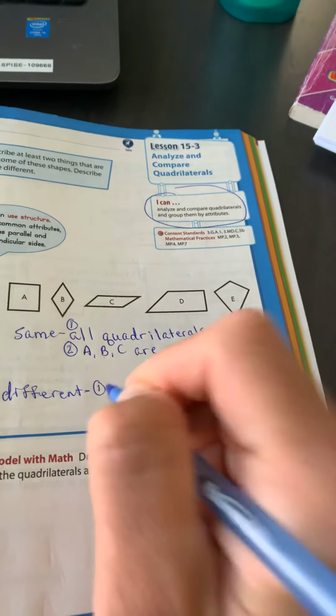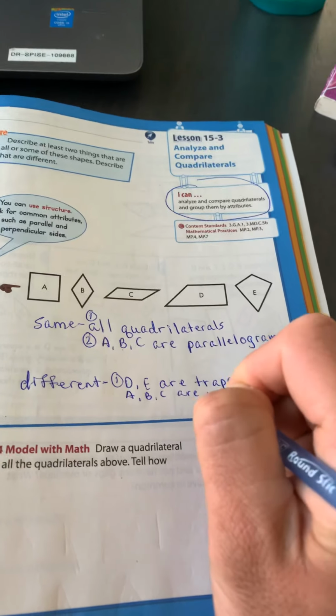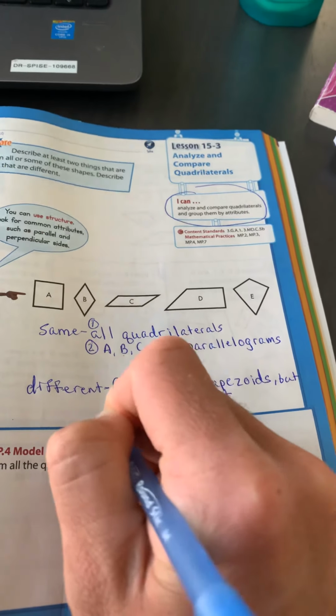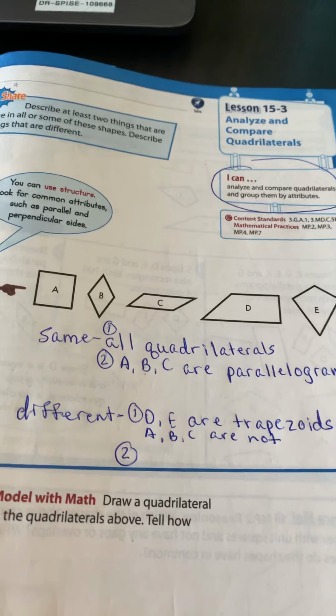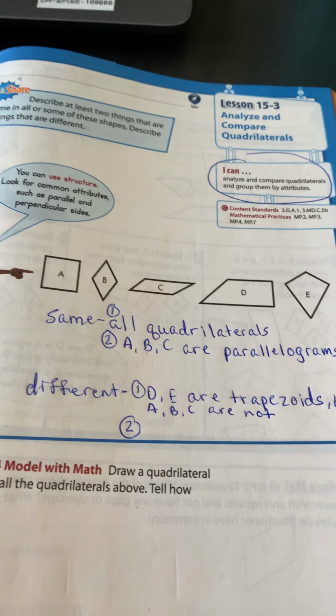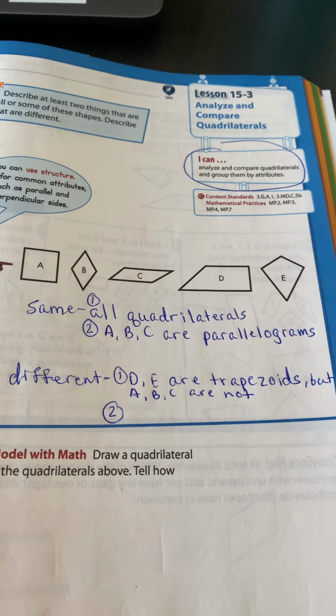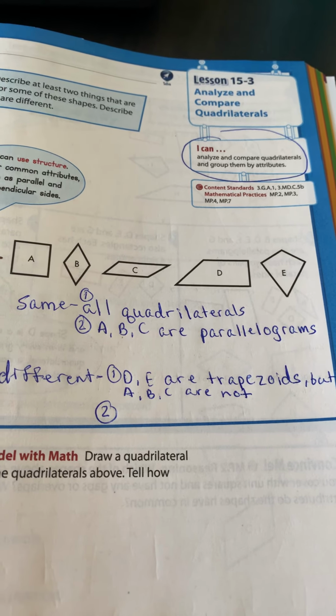But A, B, and C are not. Number 2. D and E are trapezoids, but A, B, and C are not.